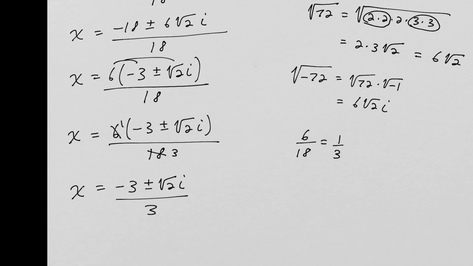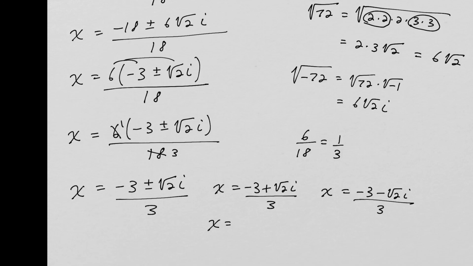So that means one possibility, right, is that x is equal to negative 3 plus radical 2i over 3, or x is equal to negative 3 minus radical 2i over 3. If you want, you could even write them in complex number form, like a plus bi, if I put everything over 3, right?